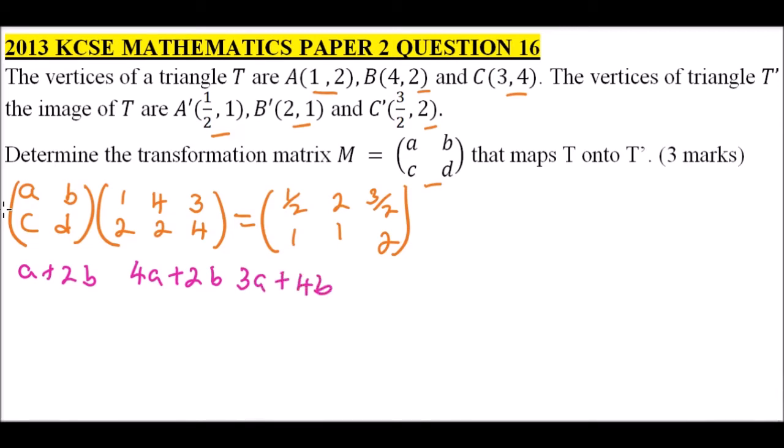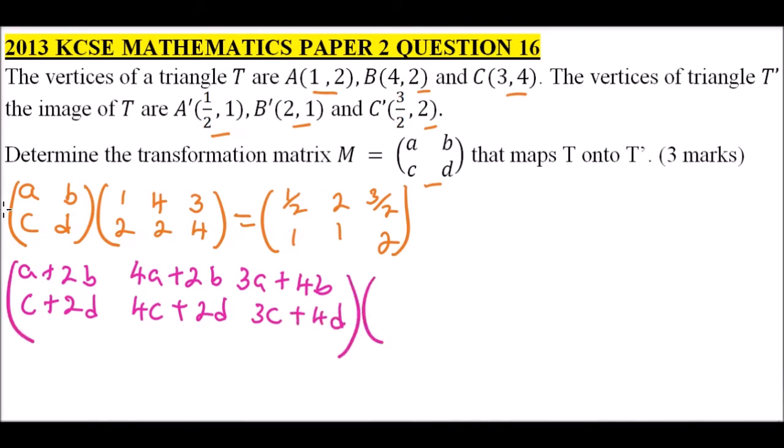The other row we have C plus 2D, 4C plus 2D, and 3C plus 4D. So that matrix is equal to the matrix I have: 1/2, 1, 2, 1, and 3/2, 2.